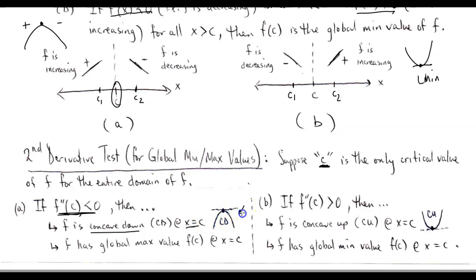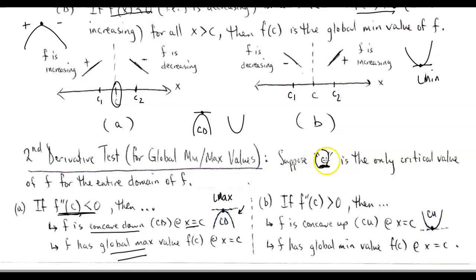And as you can see from the graph here, if we have a critical value, which is a place where we have either a local max or local min, and it's concave down, that tells us the choice I need is the one where I have a local max. And since it's the only one, it will also be a global max. So this lets me know that I have a local and global max at x equals c.